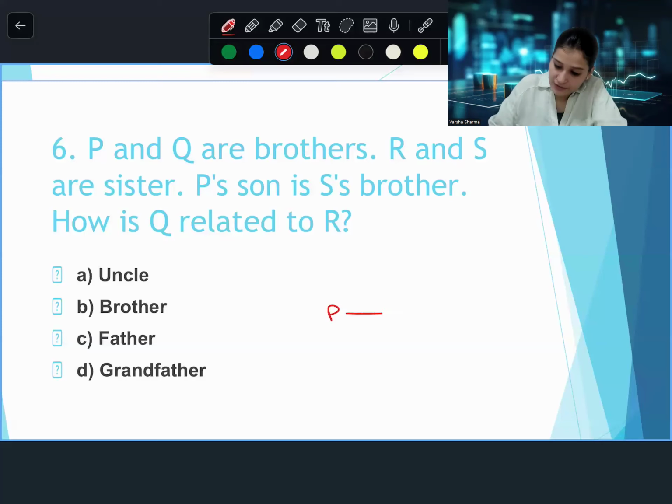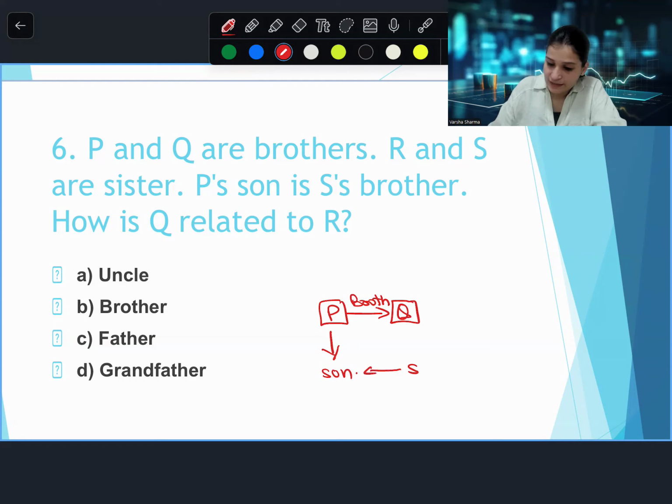P and Q are brothers. We are not sure where they are. P's son is S's brother. That means S is the sister. R is the sister, his son is their brother.